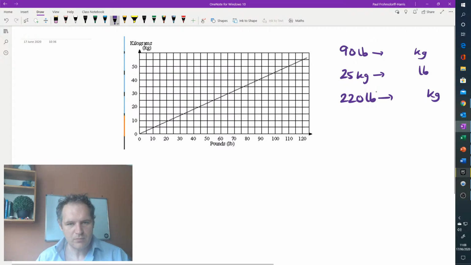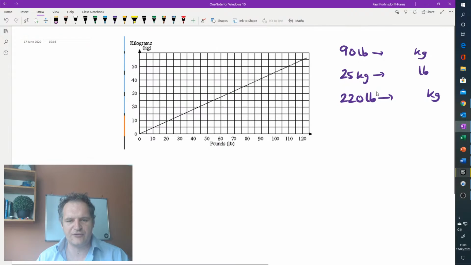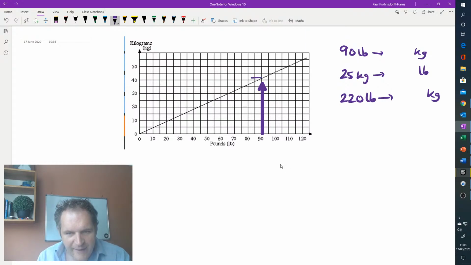So, first of all, let's do the 90 pounds one. A good way of doing it is with a straight line. Let's see if it will let us. Not quite right, but it's nearly there. That goes up to there, and we want to then read across from this point here.